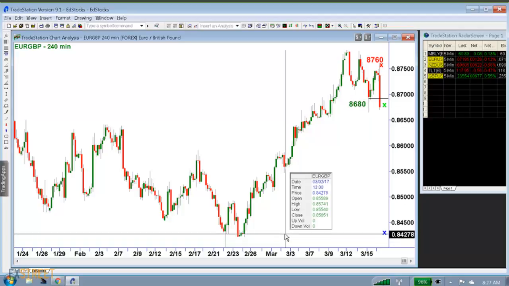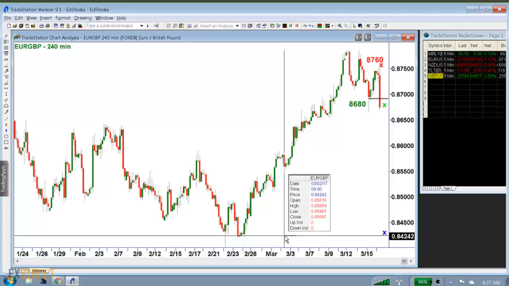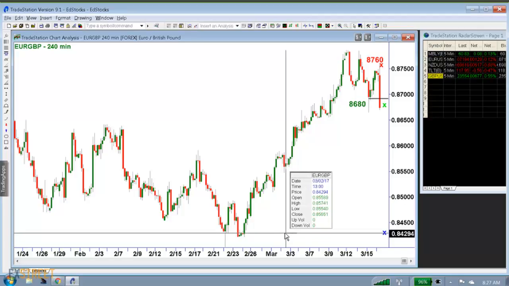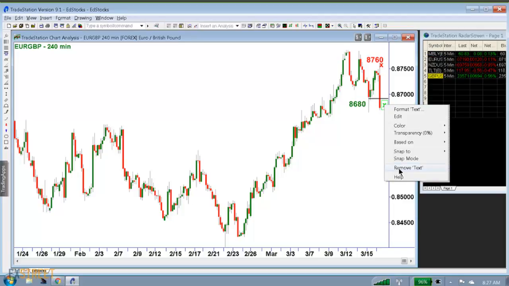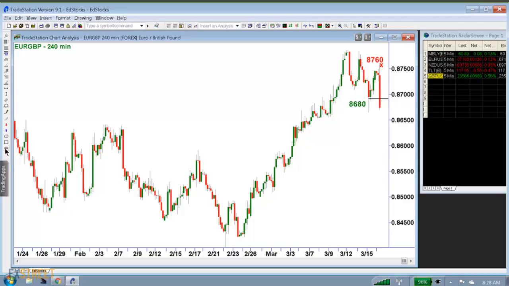This target way down here is about, I'm going to call it 8430. It's a long way down. Might take a long time to get there.